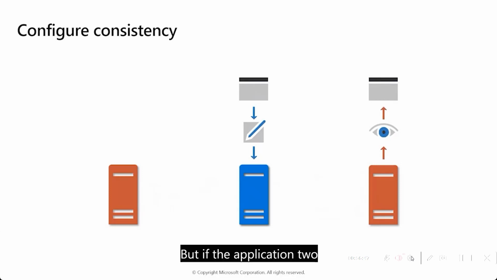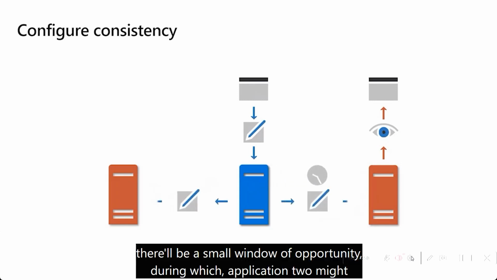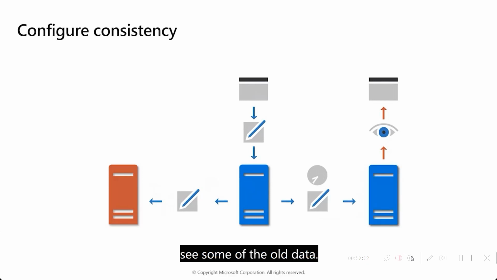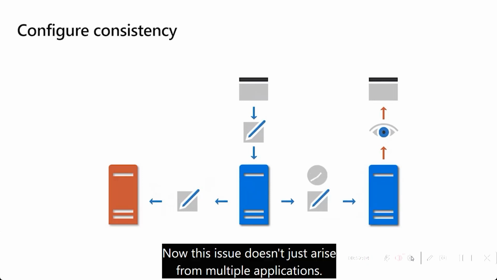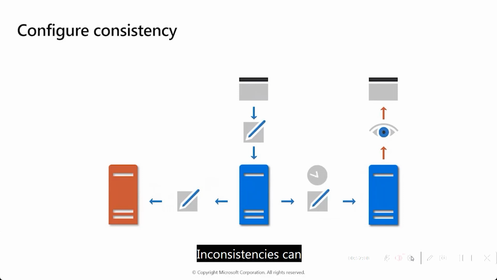But if application 2 retrieves the data from a different server in the cluster than what application 1 used to write to, there will be a small window of opportunity during which application 2 might see some of the old data.